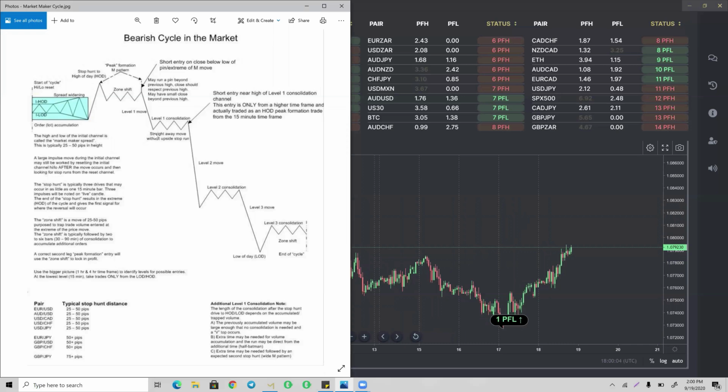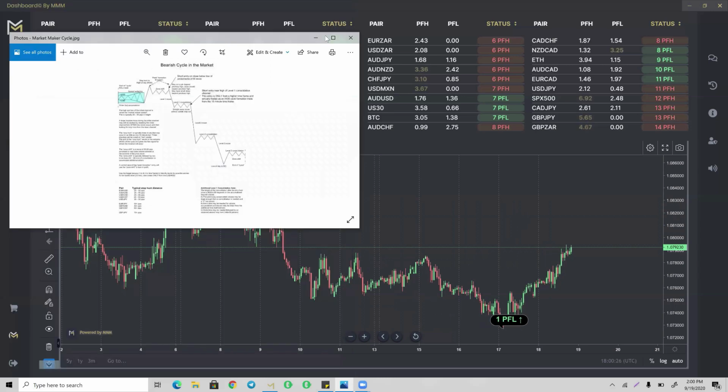Then you have level 1 consolidation, level 2 consolidation, and level 3 consolidation, which is the low of the day. Then you have the end of the cycle, a zone shift, and things like resets, different ADR levels.